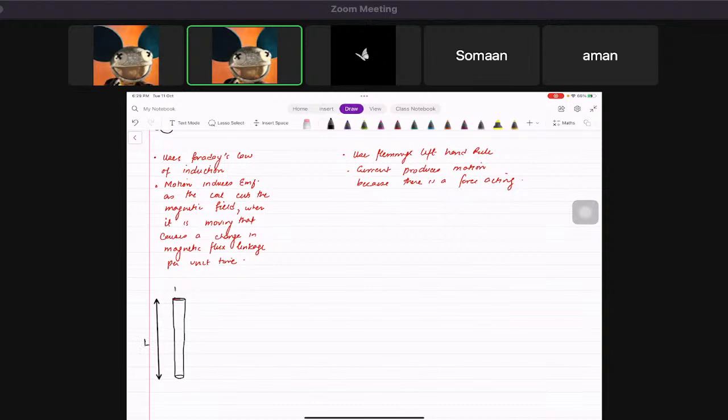Say this is the point P, this is the point Q, and now there is a uniform magnetic field going into the page like this. And you're going to move this in this direction with a velocity v. Suppose the magnetic field here is 2.0 Tesla.